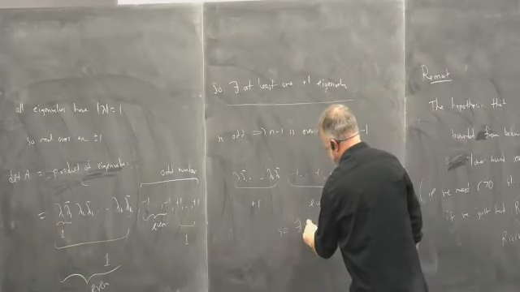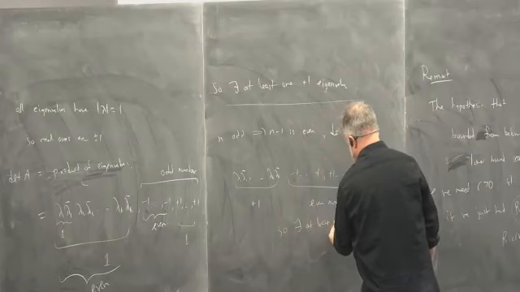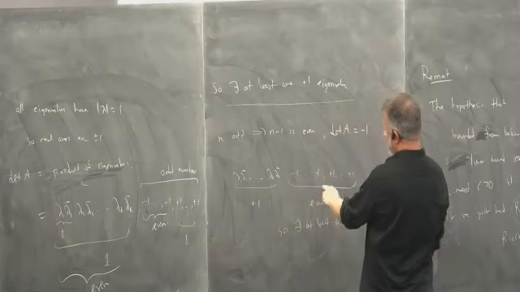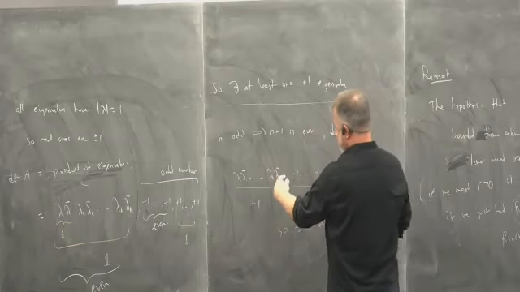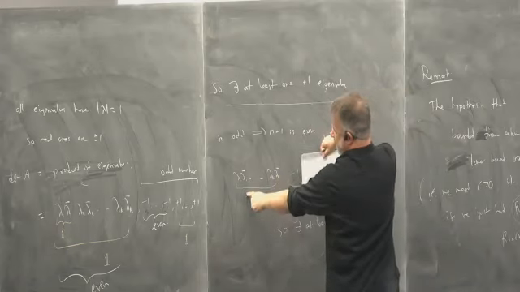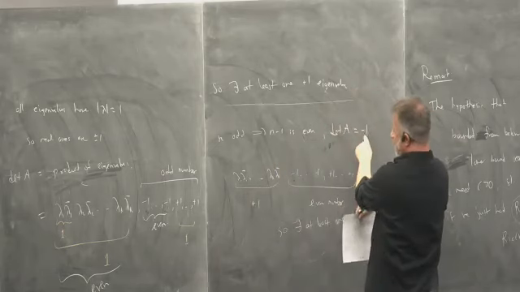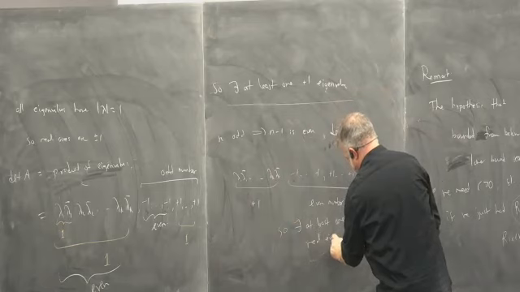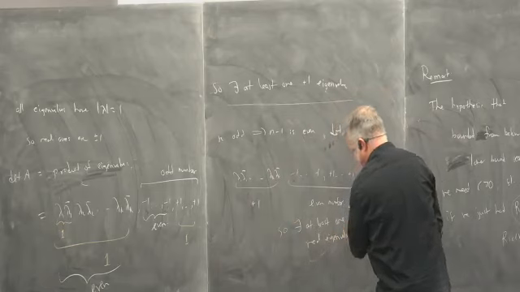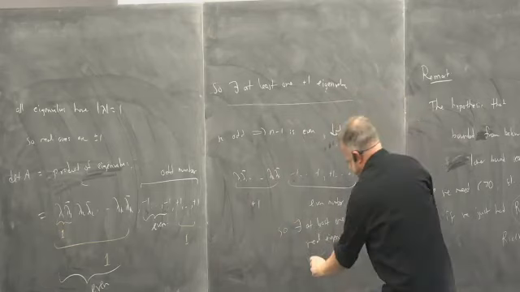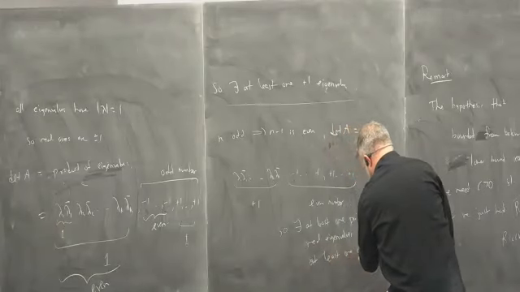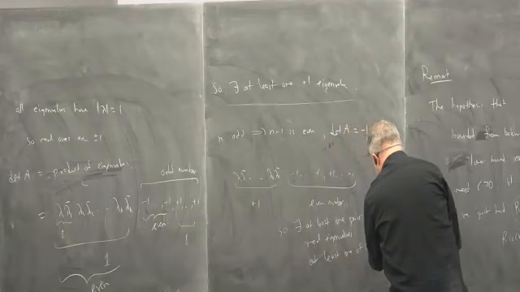Why does there have to be at least one? Because if there were no real eigenvalues, the determinant would be +1, but it's -1. So there exists at least one pair of real eigenvalues. There's an even number of them, and it can't be 0. It has to be at least 2, and at least one of those is +1.